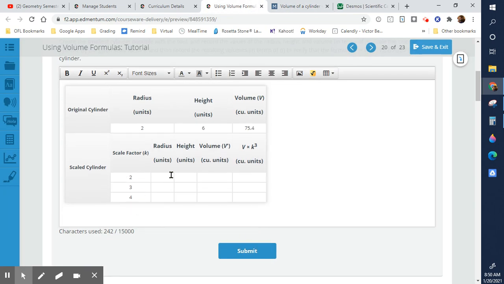Now it wants us to scale factor. So everything is going to be doubled. So this makes this 6. This makes this 12. And as you can guess, our volume factor is going to be 8 times bigger. So you're just going to do this for all of them.